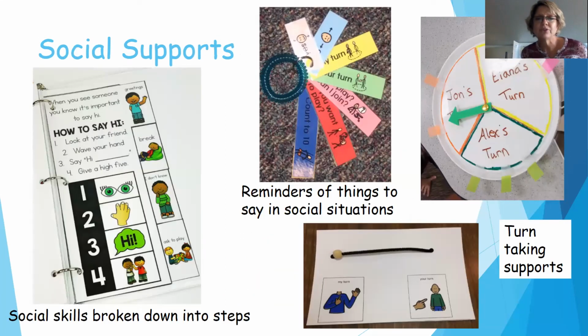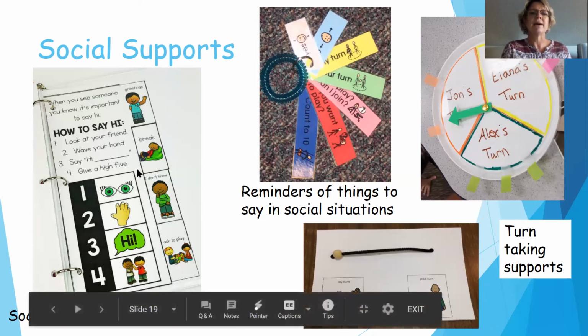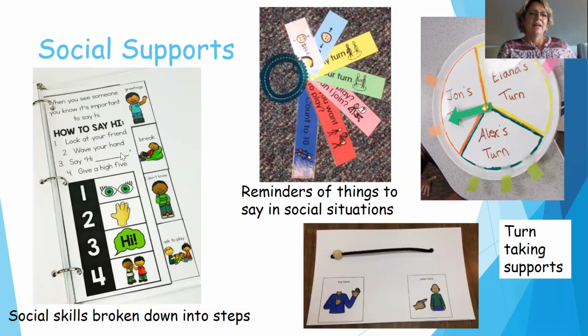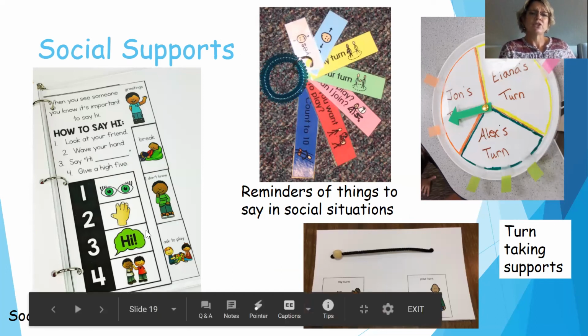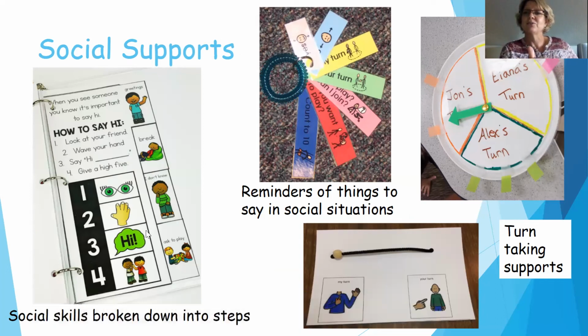We also use visual supports for social instruction. So here you can see some social skills broken down into steps. This is how you say hi. And so they have all the steps and they're in pictures so that students can review that ahead of time.